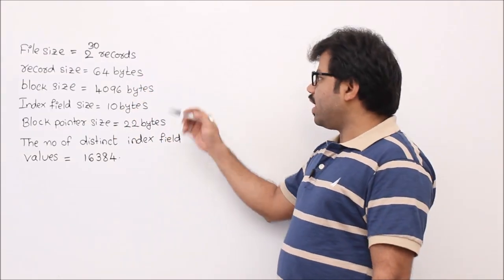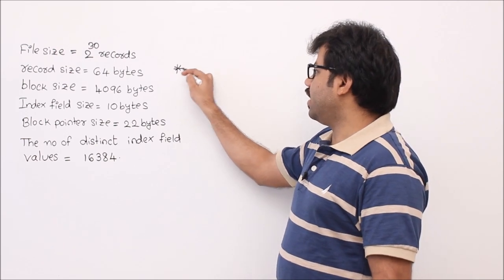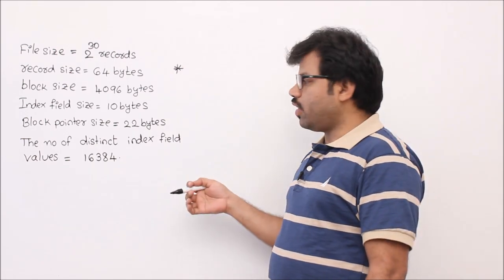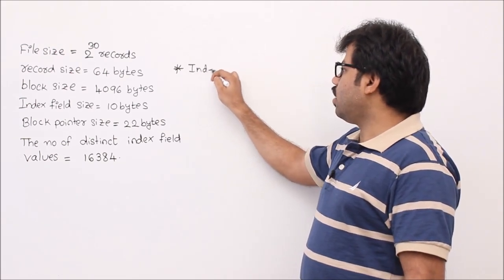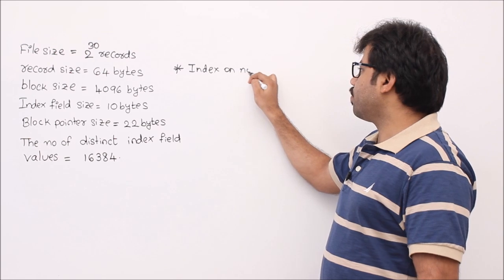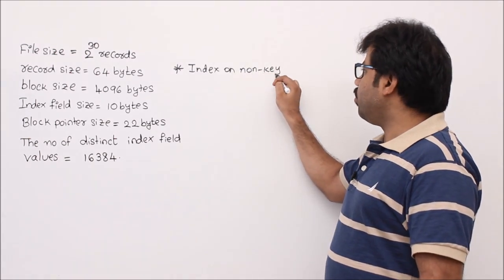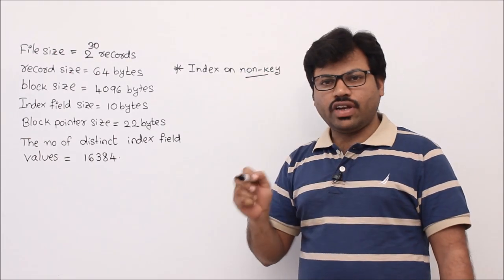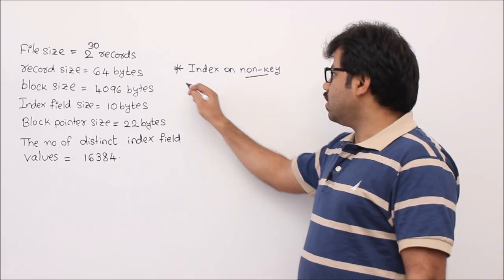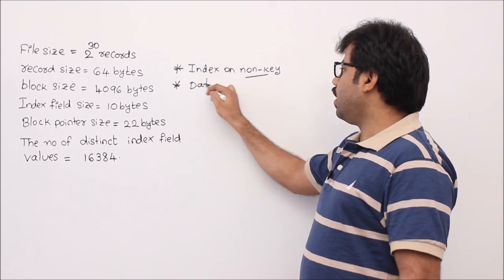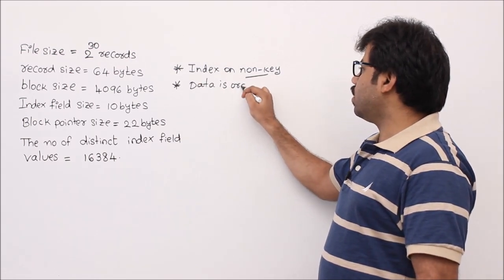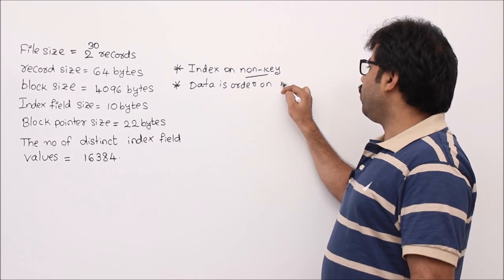So let's summarize the rules about clustering indexing. Rule number 1: the index is on, of course, a non-key field. Non-key here means a field which contains duplicates. Second, data is ordered on this non-key field.